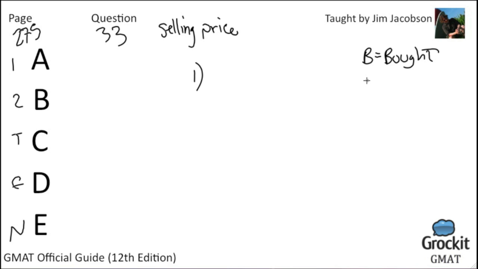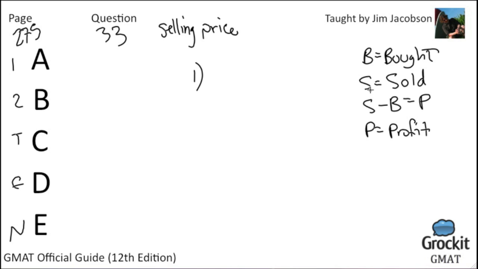We could say S is the price at which the merchant sold the appliance, and so then of course the amount that the merchant sold it for minus the amount that the merchant bought it for is going to equal P, and then P we can have equal the profit. I think that's pretty clear.